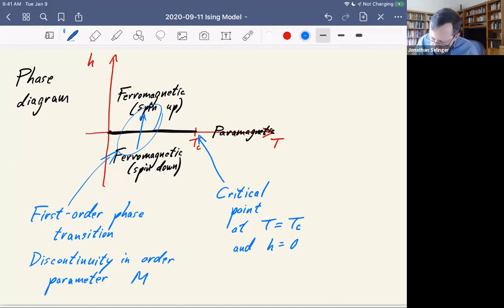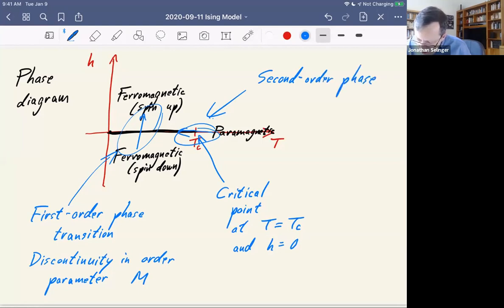By comparison, if you go through the critical point, that is just reducing the temperature like that, right? That is called a second order phase transition, which means that, well, I'll say first, it means that the order parameter is continuous.